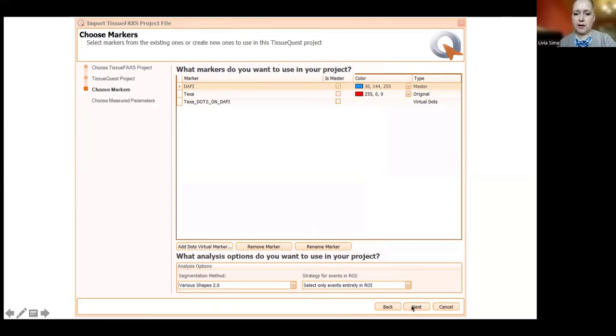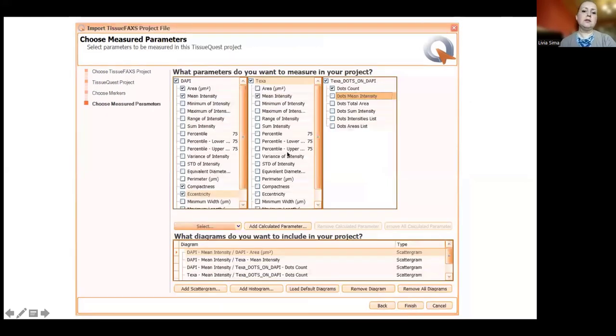You can then click Next, and you obtain a new window where you have to choose measured parameters. Here you can see the markers that appeared on the first window, DAPI, TEXA, and TEXA dots on DAPI virtual channel. For each of these markers, you can click on several parameters that can be quantified by the algorithms.